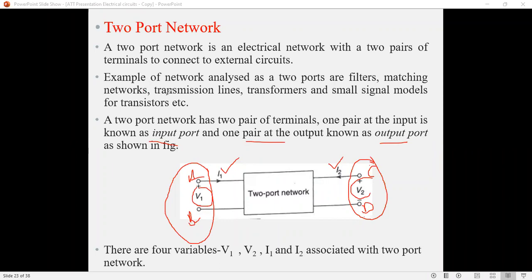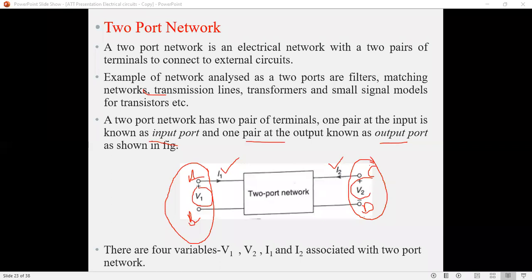Depending upon which variables are independent and which are dependent, there are some possible parameter connections. So the parameters can be divided depending upon which variable is expressed in terms of which variable. Suppose input voltage and output voltage can be expressed in terms of input current and output current, or input current and output current can be expressed in terms of the other two variables, that is input voltage and output voltage.